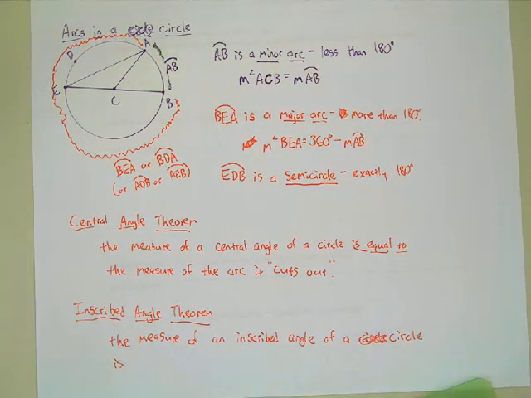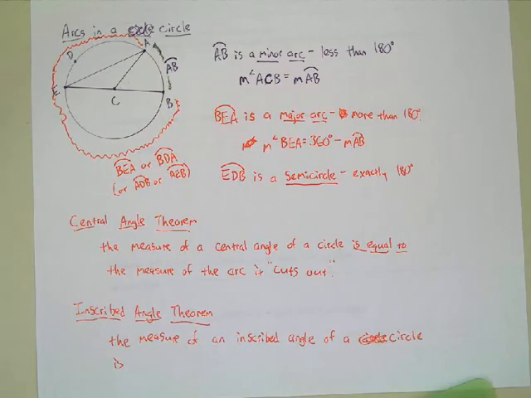I just got done saying that, for example, if we know that arc AB here is 50 degrees, we know that angle ACB is also 50 degrees, right? Central angle is equal to the arc it cuts out. But then if we look at this inscribed angle right here, this is an inscribed angle, right? The vertex is on the circle. Notice that this inscribed angle cuts out the exact same arc as the central angle ACB.